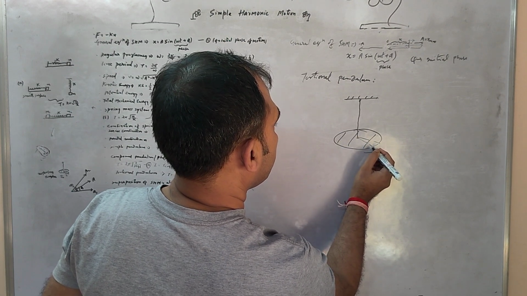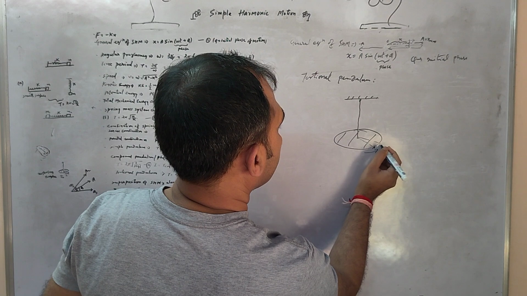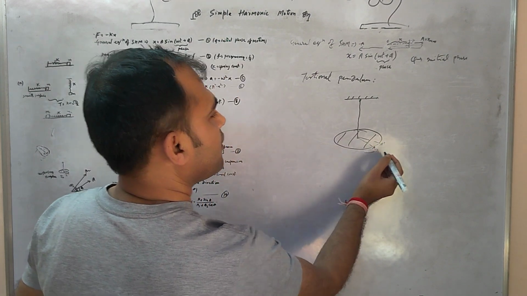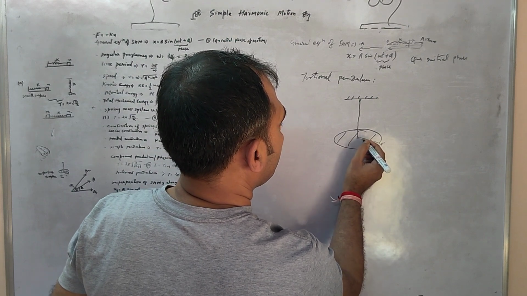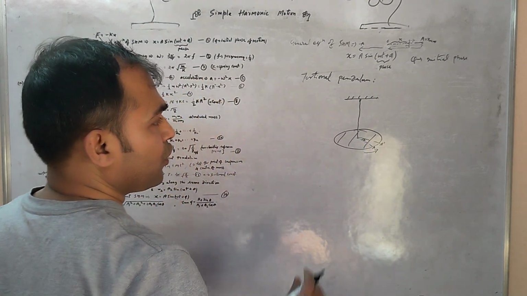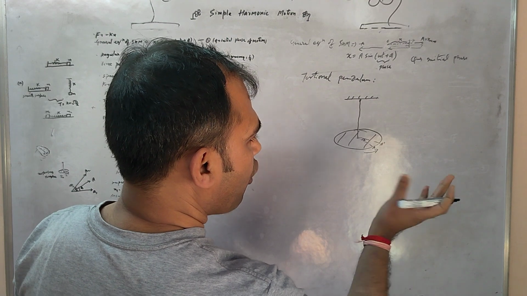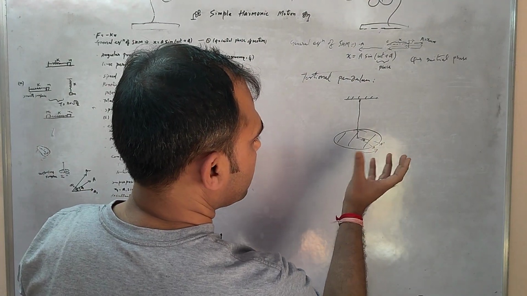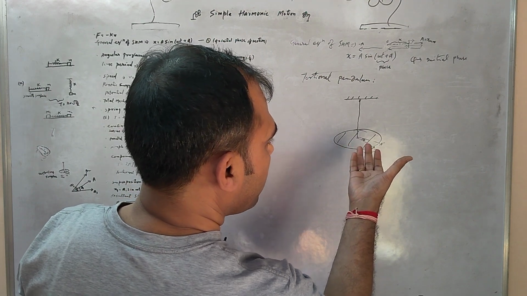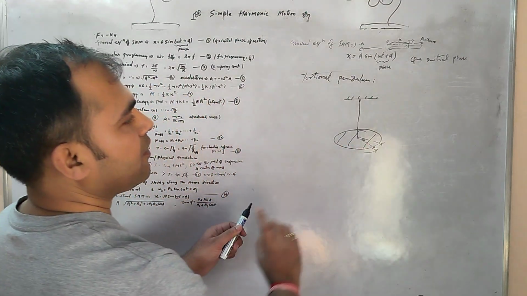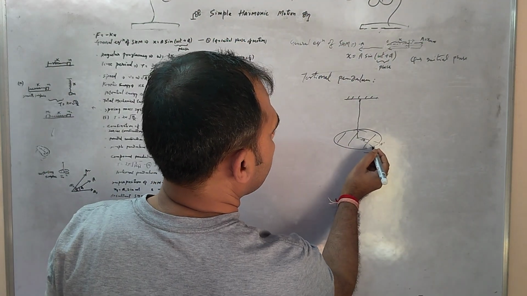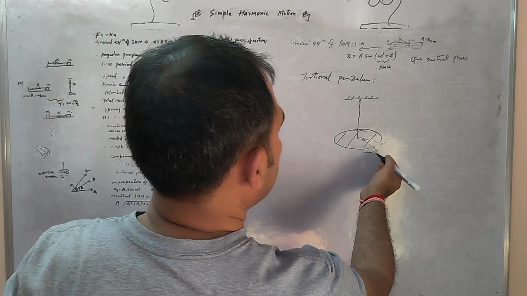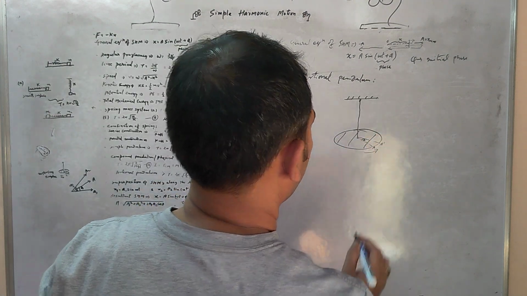If this was the initial A, now it comes to A dash after this rotation theta. So there will be a restoring torque that will oppose its rotation, and it will try to bring it back to the initial position. So this is a type of torsional pendulum.